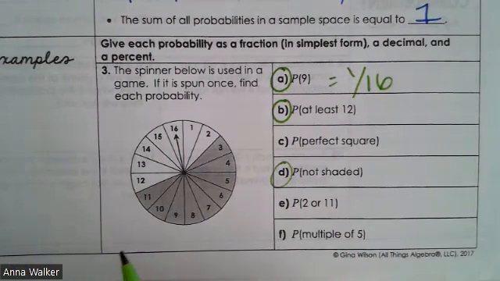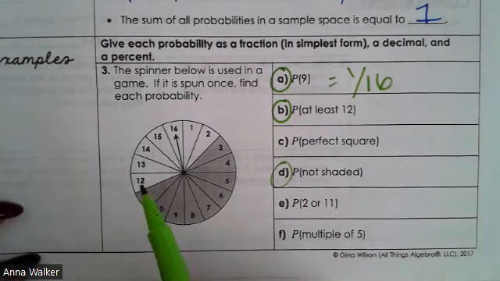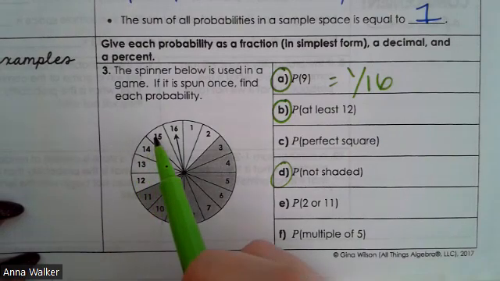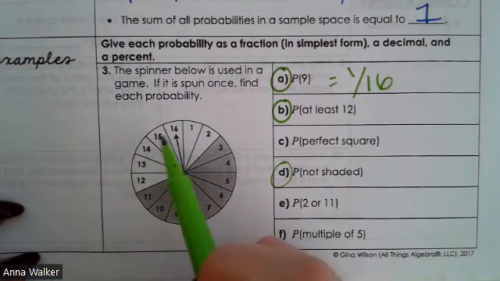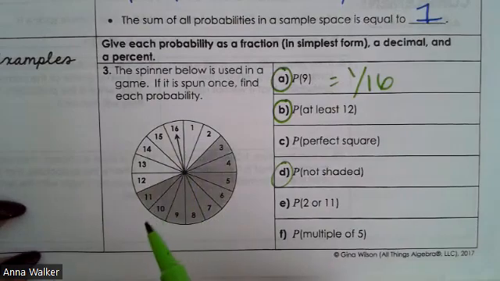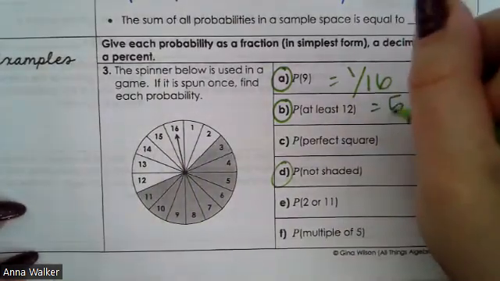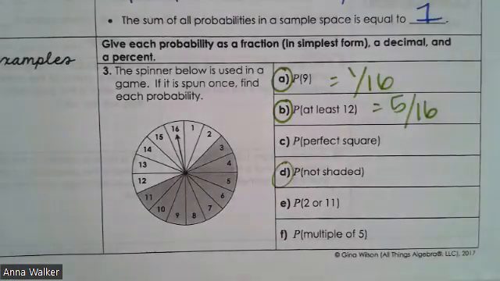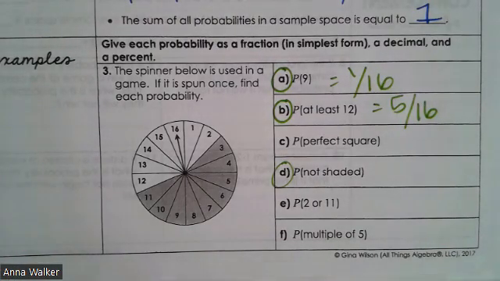That means 12 or above. If I count how many numbers are 12 or above, we have 12, 13, 14, 15, 16, and that's 5 numbers out of the 16 spaces. So there is a 5 out of 16 chance that if you spin the spinner, it lands on a number at least 12.